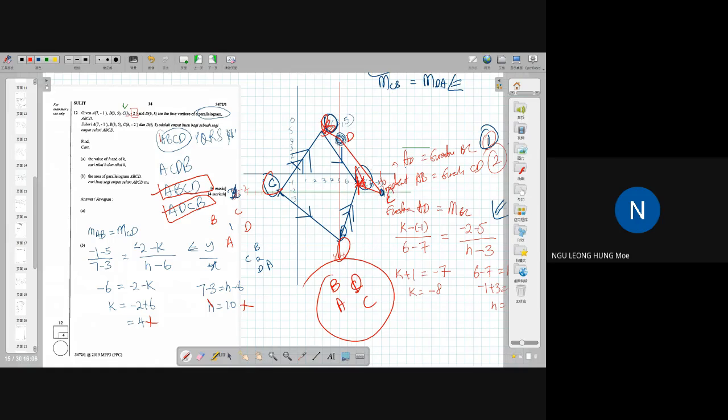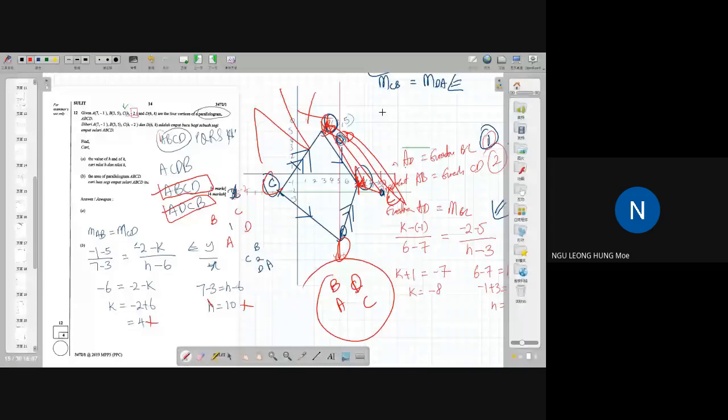Sebab C di sini tidak boleh A, B, C, D. Maksudnya bentuk dia macam ini. Ini bukan parallelogram. Ini is not parallelogram. It's not a polygon. Boleh faham? Guys, you hati-hati ya. Be careful. So any more questions?